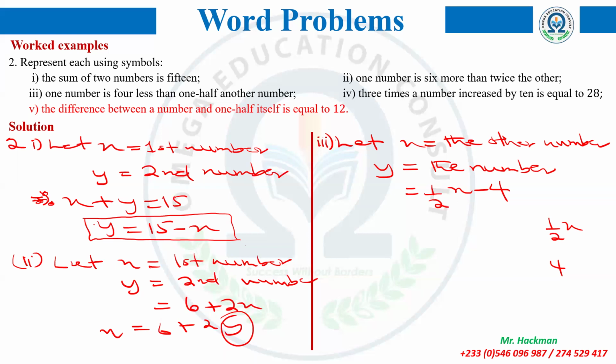No, sir. The relationship that we have here, we said one number was 6 more than twice the other number. So how many numbers are we dealing with? How many numbers? Sir, please, 2 numbers, is that not it? Yes, 2, sir.